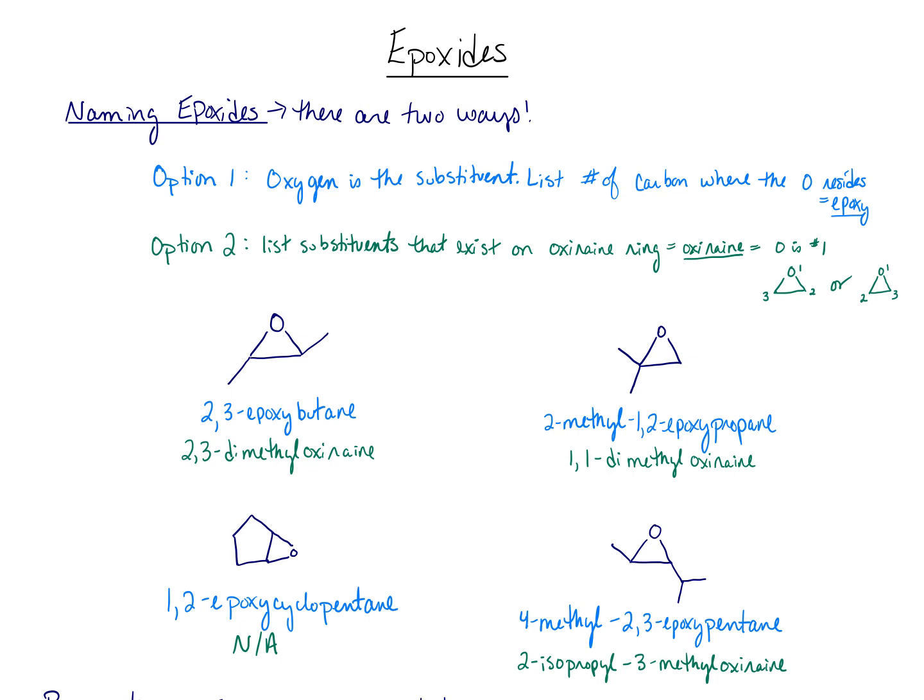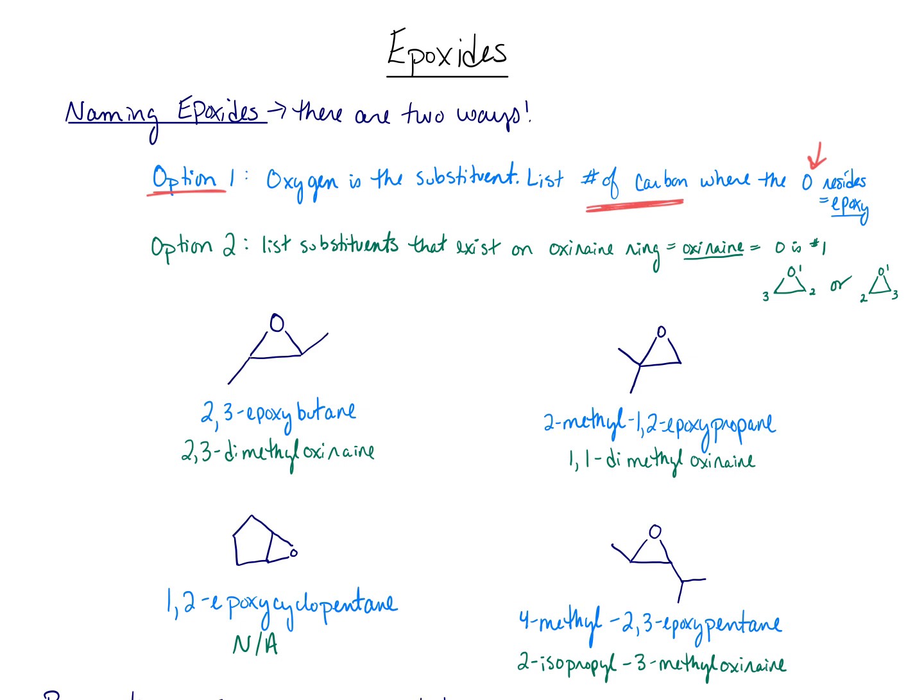So for the first option, we consider oxygen as the substituent. We list the numbers of the carbons in the longest chain where the oxygen resides, and in this case we do both of them. That's going to give us an epoxy as a substituent.